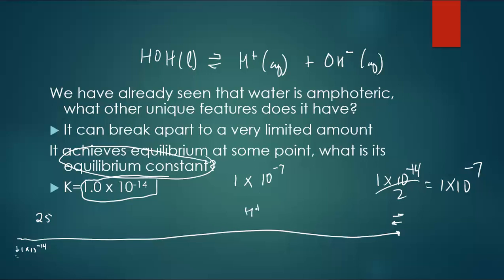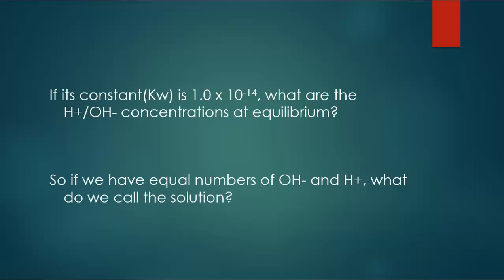That means that when it self-ionizes, you have equal parts of hydroxide and hydrogen, which is needed to equal 1 times 10 to the negative 14. So we say that water is an acid and a base, and really we can say it's neither, because it has equal amounts of hydroxide and hydrogens.